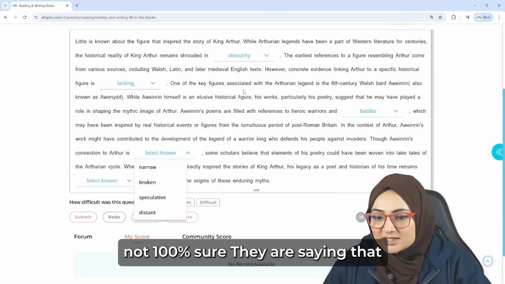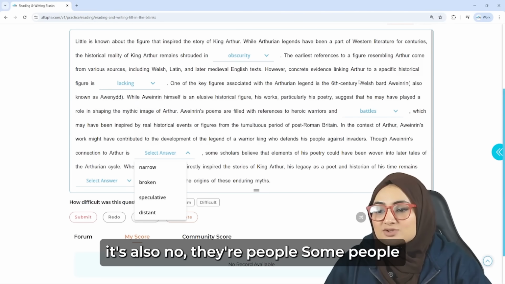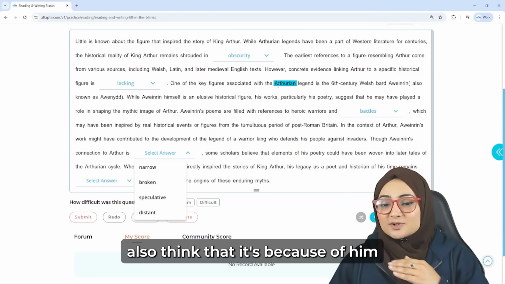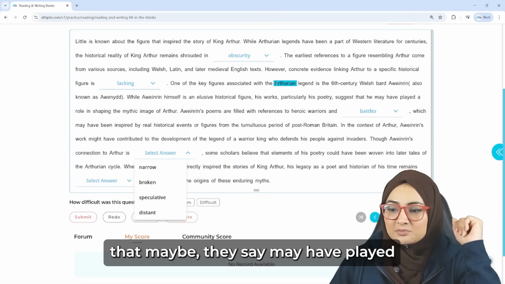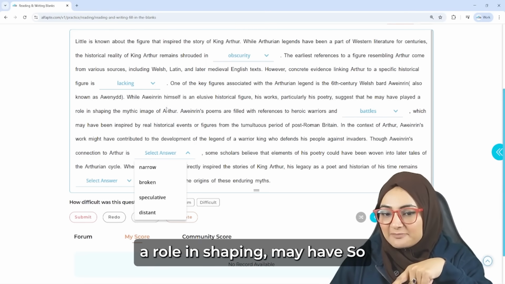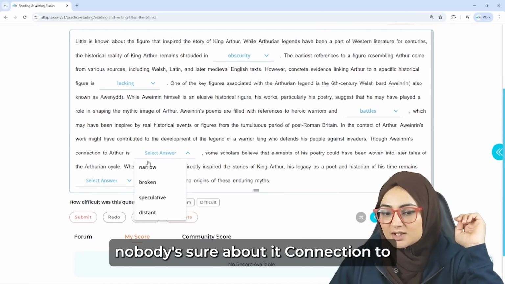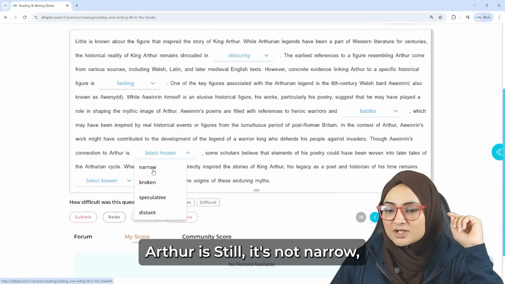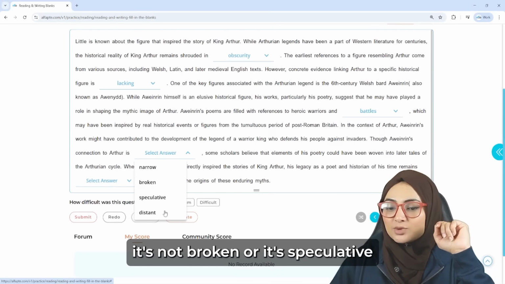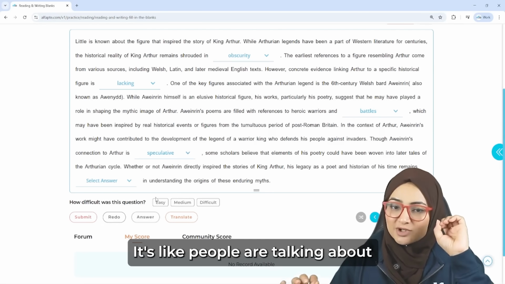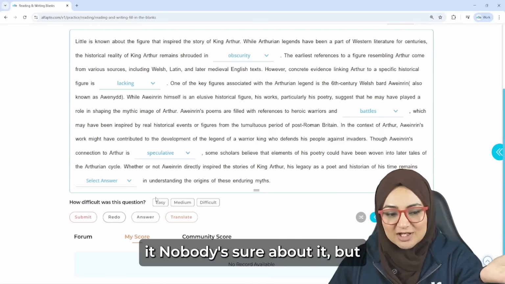Some people also think that it's because of him, that maybe they say may have played a role in shaping, may have, so nobody's sure about it. Connection to Arthur is not narrow, it's not broken or distant, it's speculative. People are talking about it, nobody's sure about it, but they're making assumptions, speculations.